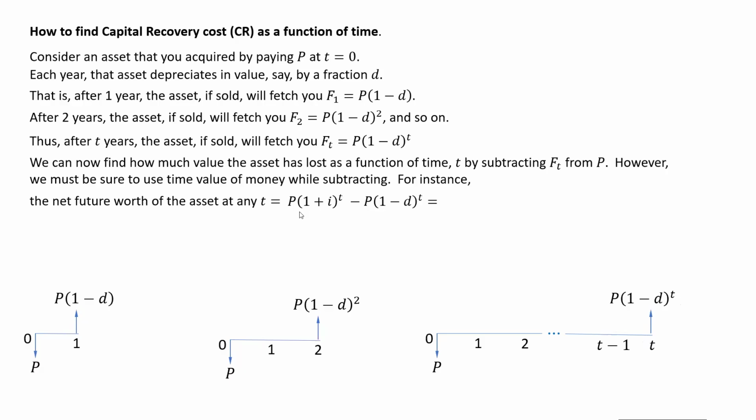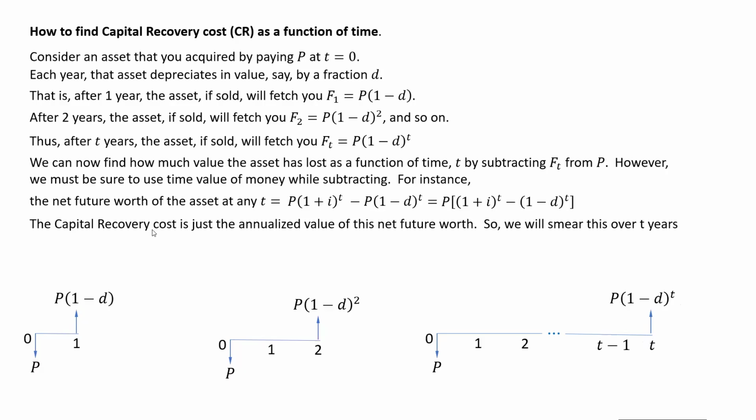Cool. And now you can see that I can factor out a P. So that becomes P times the quantity (1 plus i) to the t minus the quantity (1 minus d) to the t. And then the capital recovery cost is just the annualized value of this net future worth. So we will smear this over t years, like I said. And how do we do that?